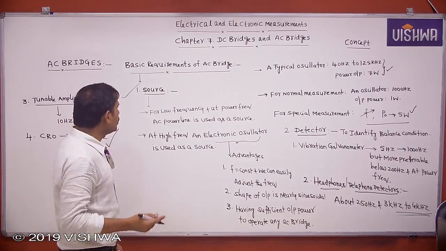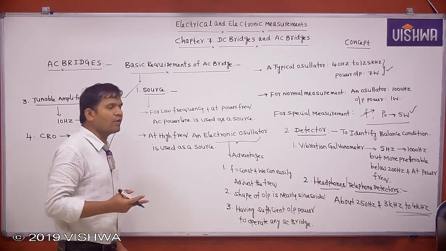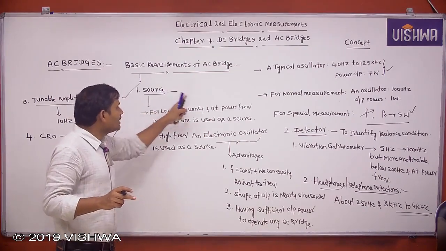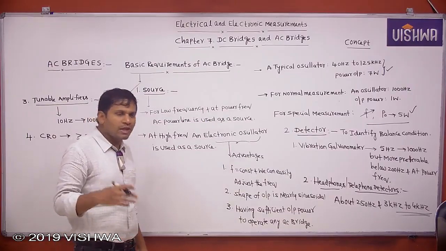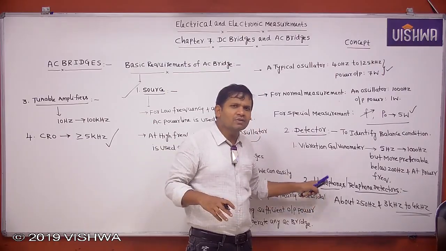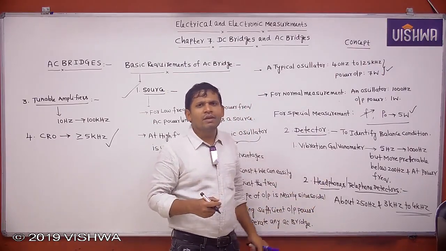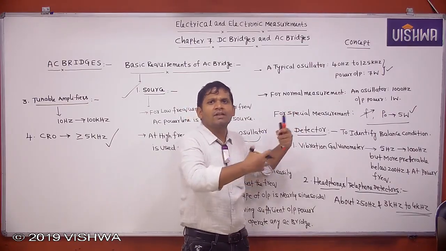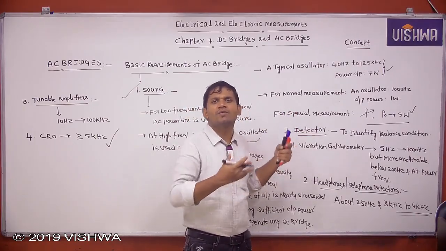Okay, these are the two basic requirements for operation of any AC bridge. One is the source: what type of source we can use and how to select it. The other is the detector: what type of detector. Based on this, competitive exam questions are also asked. On one side of matching questions they give the detector names, on the other side the frequency range: match the following.